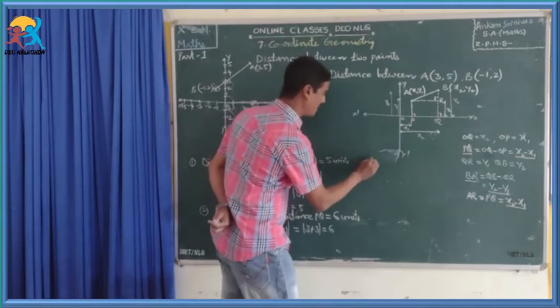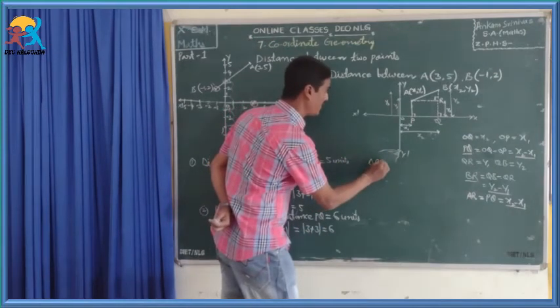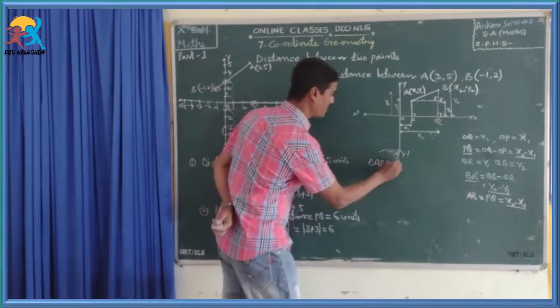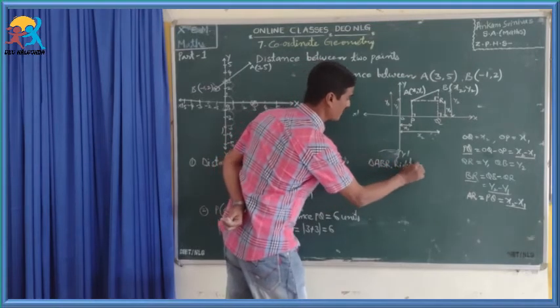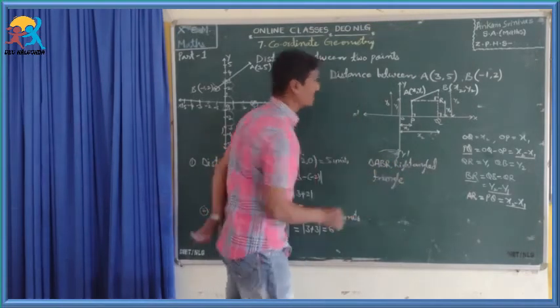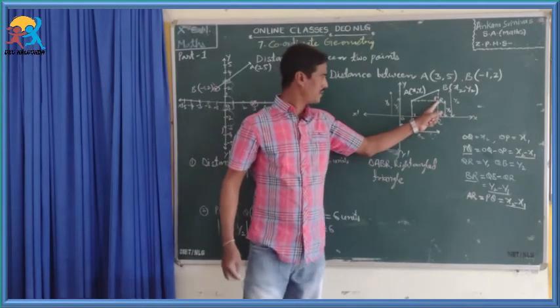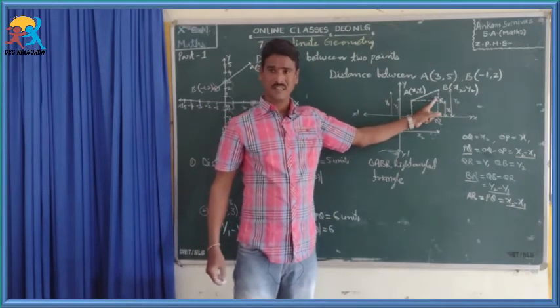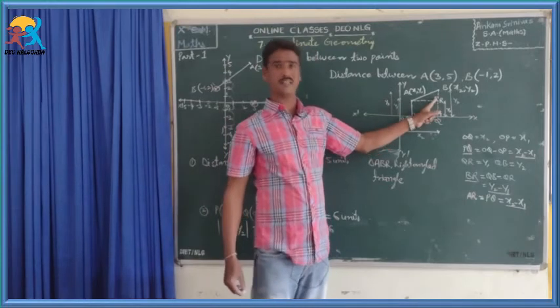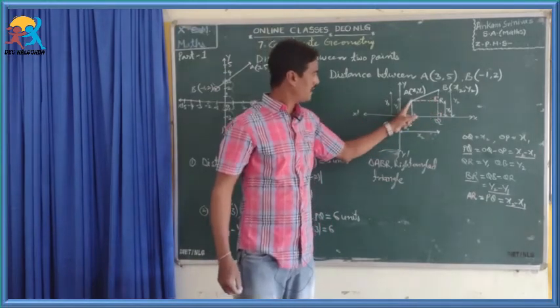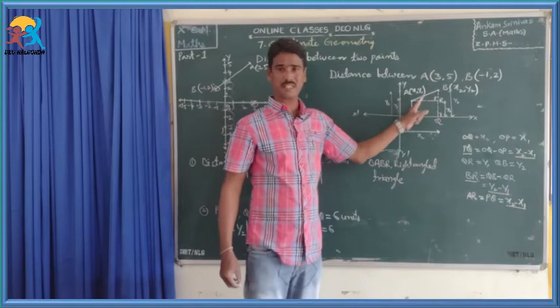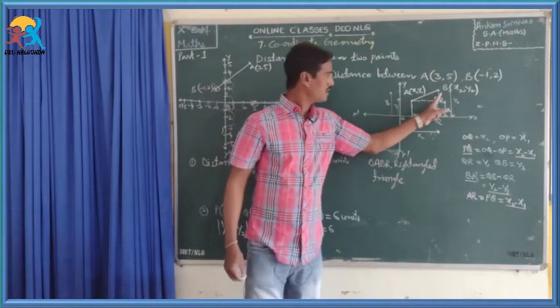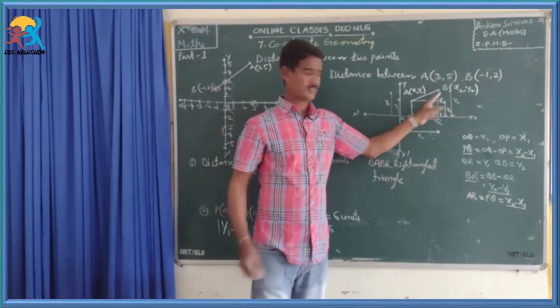Now triangle ABR becomes a right angle triangle, right angled at R. As per the Pythagorean theorem, we will get hypotenuse square equal to base square plus height square.